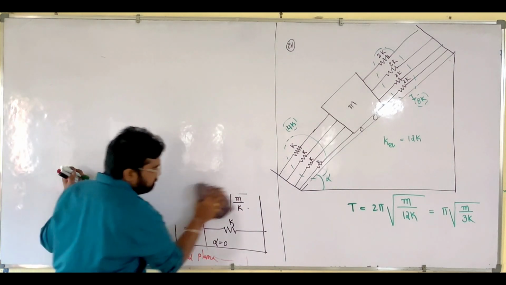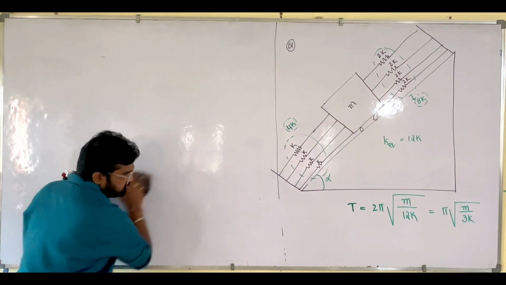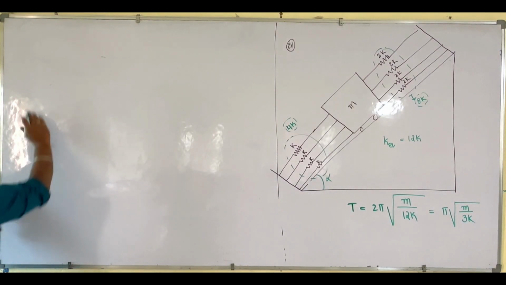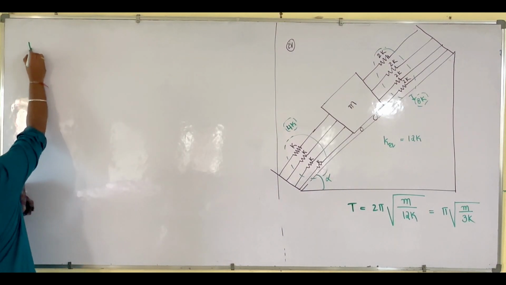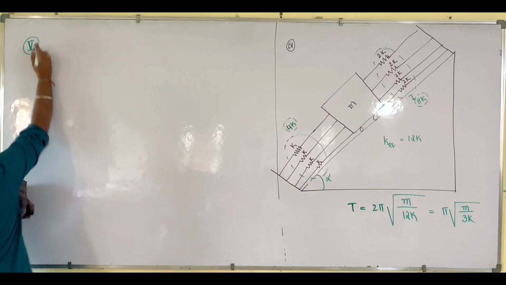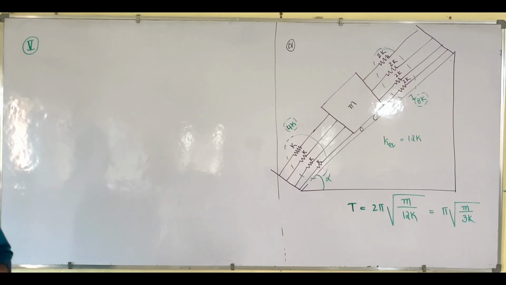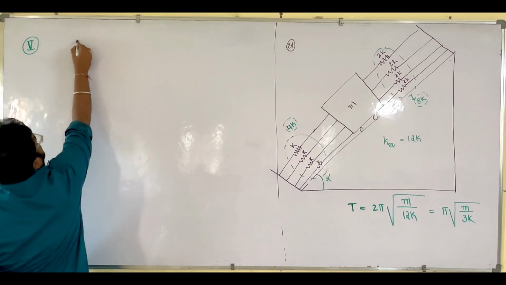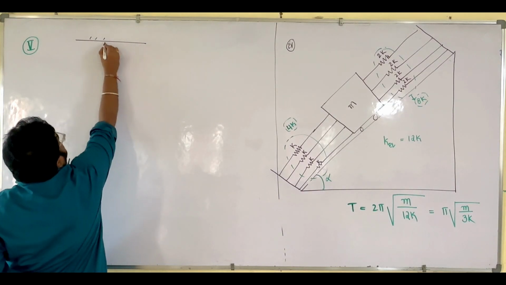What is the time period of oscillation or frequency of oscillation? They may ask. This is case 4, or question number 5. Here it is how much?